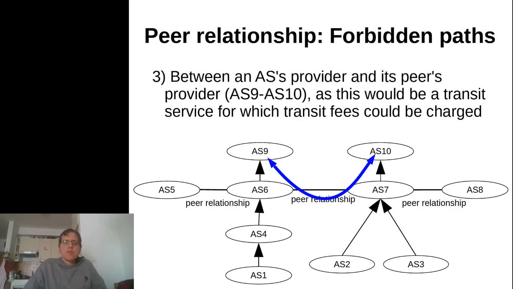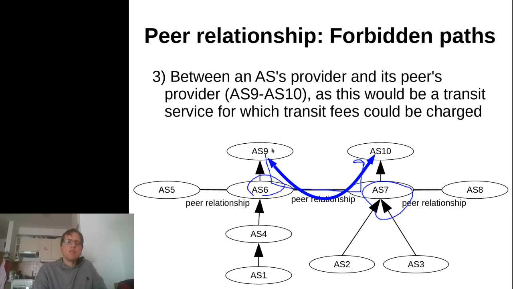And that's the third type of prohibited path when we are talking about peer relationships. Neither AS6 nor AS7 will be interested in exchanging traffic between two of their providers.